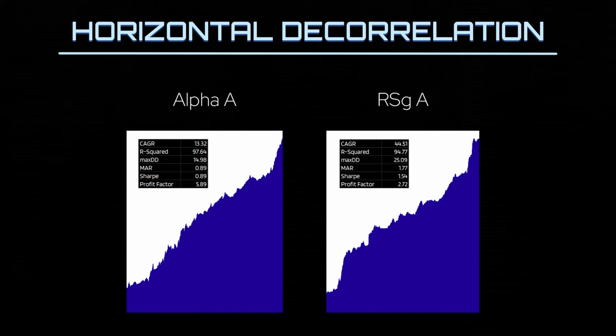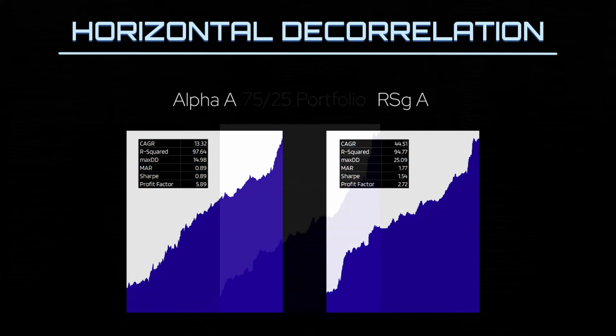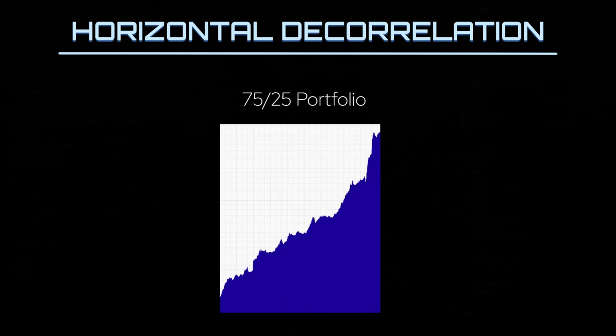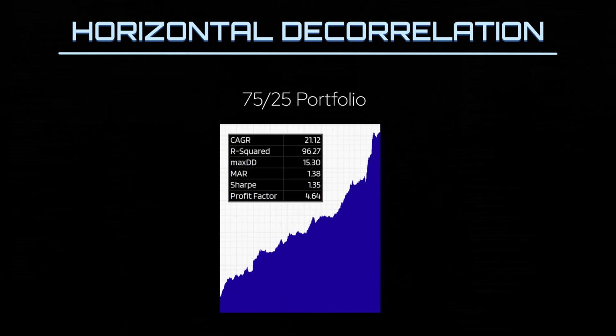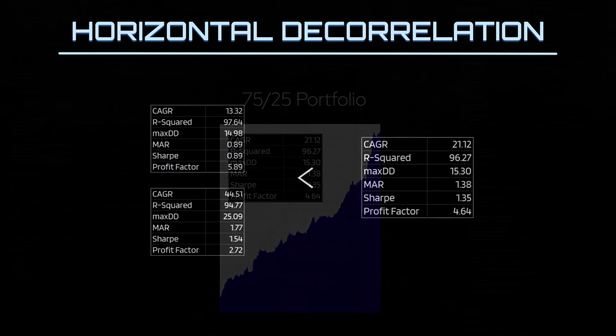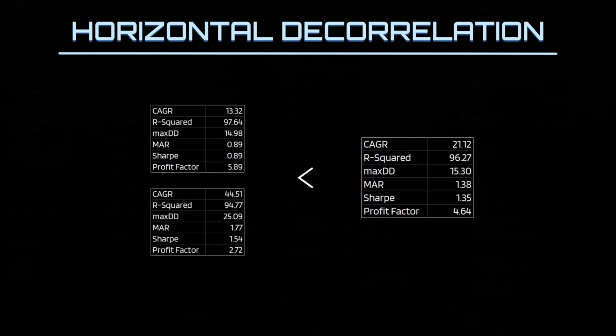My goal now is to create a mini 75-25 portfolio including both, and see what the breeding generates as far as risk-adjusted performance. Here's how the child portfolio looks, and here are its stats. As you can see, it's pretty obvious that the decorrelation magic just played out. Despite the 75% allocation tilt to the ETF system, we are now retaining a significant portion of the ETF system stability while collecting a drastically improved CAGR from the relatively unstable Nasdaq system.